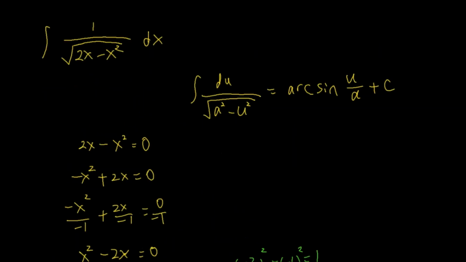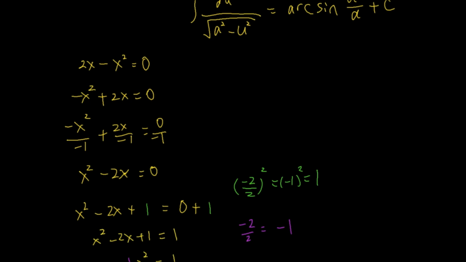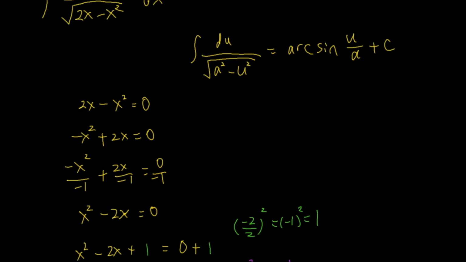So let's rewrite this integral. That is the same as the integral of 1 over the square root of 1 minus x minus 1 squared, dx. Now can you apply this formula?